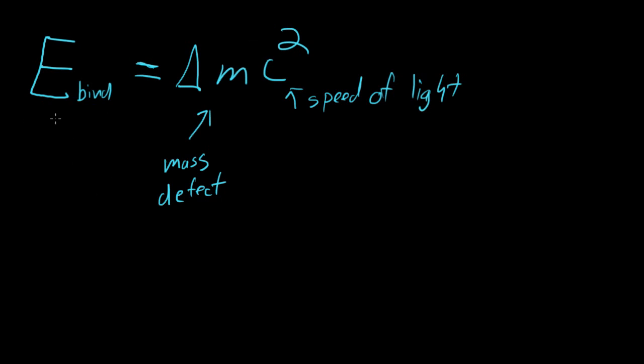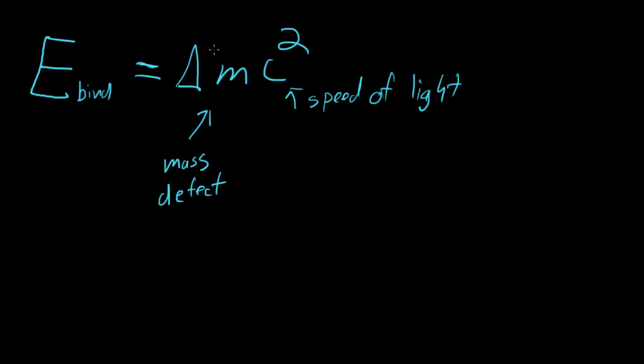Now, what do I mean by binding energy? This is actually the energy that holds the nucleus of an atom together. And the mass defect is a lot more complicated. This delta m is kind of deceptive because it's not just m final minus m initial. There's a fairly complicated process you have to go through to find this, which we won't do. I'll just give you the mass defect.